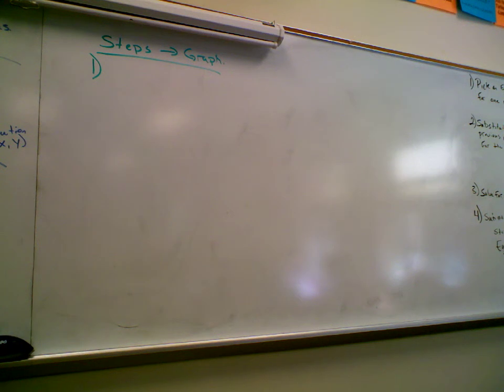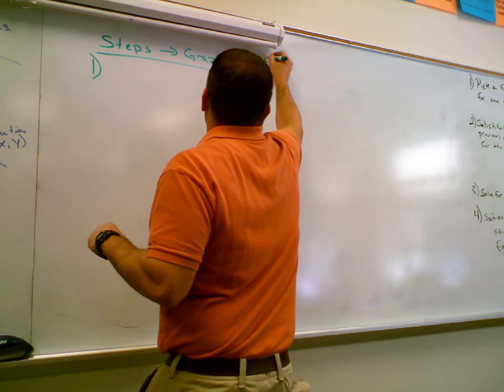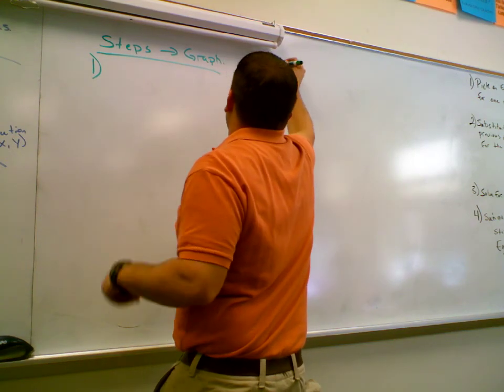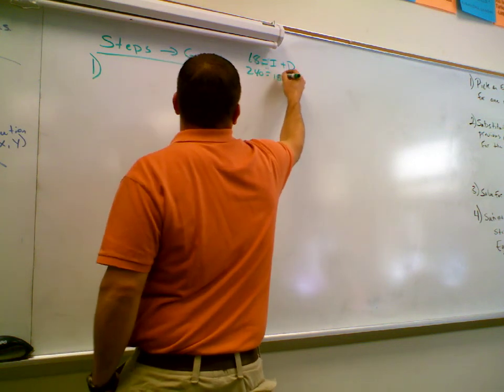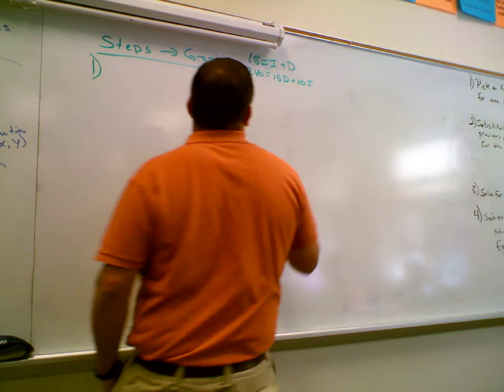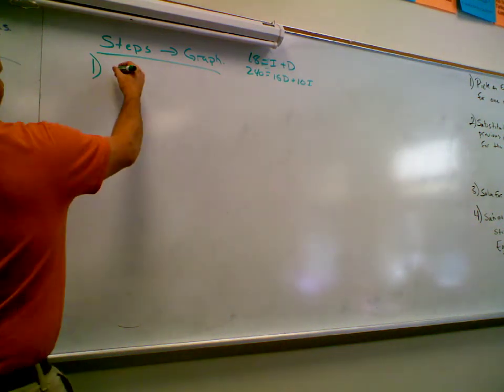But in our situation where we have 18 equals I plus D, and 240 equals 16D plus 10I, right? Do we have x's and y's? No. We have I's and D's, right? So we run the risk of writing them incorrectly if I don't pick which variable is going to be my y first. Okay? So our first step, guys, is to pick a y.